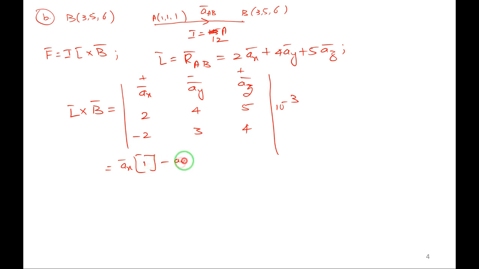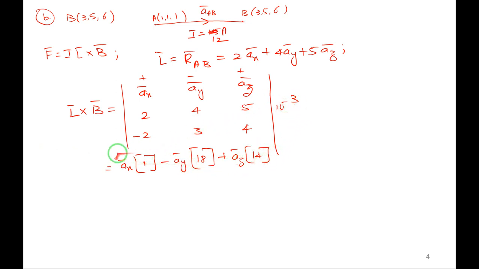Minus aY: leave this column and row, 4 into 2 is 8, then minus into minus is plus, 5 into 2 is 10, 8 plus 10, 18. Plus aZ: leave this column and row, 2 into 3 is 6, then minus into minus is plus, 4 into 2 is 8, so I am getting 14 aZ.